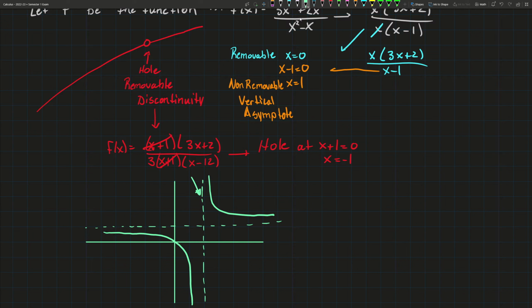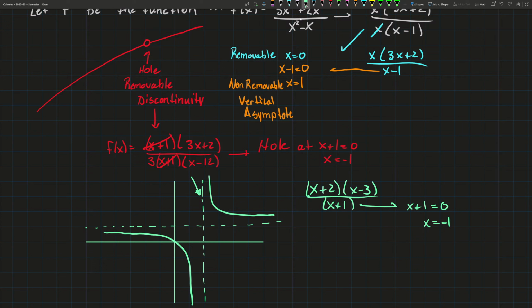That's going to happen when you get something that looks like this, where you can't factor out that discontinuity. Because we can't factor this out, when this equals 0, the graph just can't work.